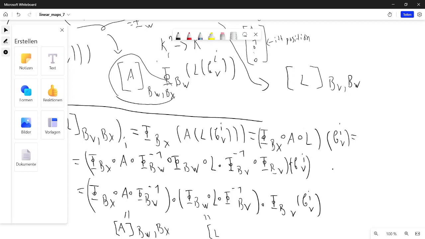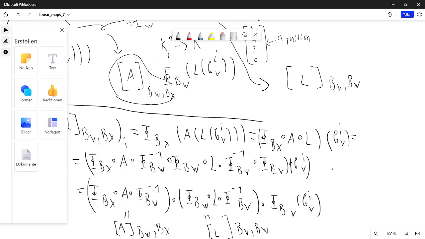This applied to this gives exactly that. If you don't see that, you should write down the vector and its coordinates. Look what happens to the coordinates, and look at what A does with this vector, and look at what phi B_X does with the image, and then you'll see that it works.